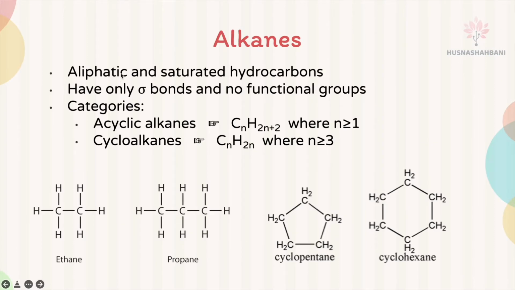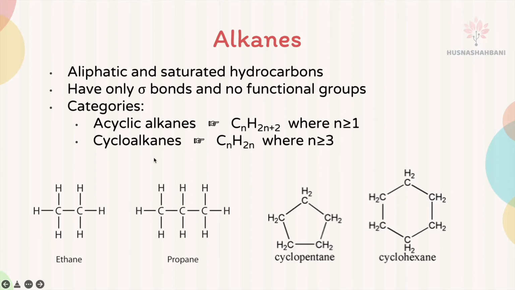Alkanes, aliphatic and saturated hydrocarbons, have only sigma bonds and no functional groups. The categories can be acyclic alkane, general formula CnH2n+2 where n is equal to 1 or greater than 1, and cycloalkane, general formula CnH2n where n is equal to or greater than 3.